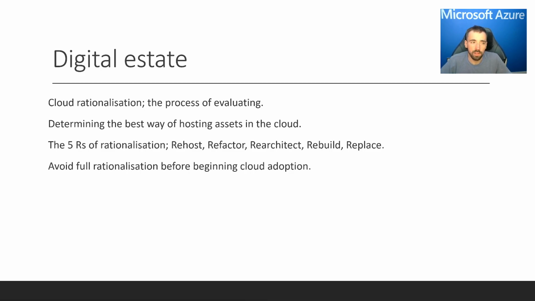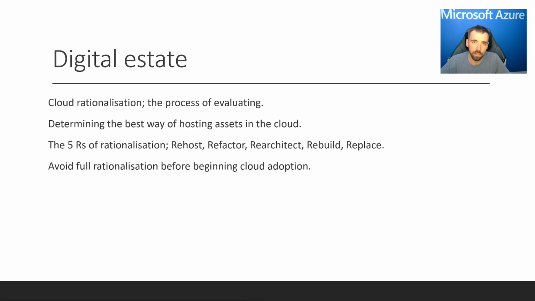And this is when we've got our application, but it needs to be refactored to fit a cloud native model and all of the benefits that can come with that. Re-architect is similar to refactor, but more involved. This is when the application is far from being compatible with cloud. It may not have been architected to fit a cloud native architecture.